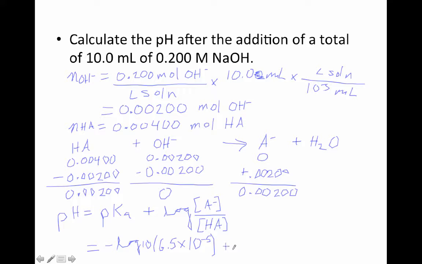The concentration of the conjugate base is going to be 0.00200 moles over the total volume of the solution. And the concentration of the weak acid is going to be 0.00200 moles over the total volume of the solution.